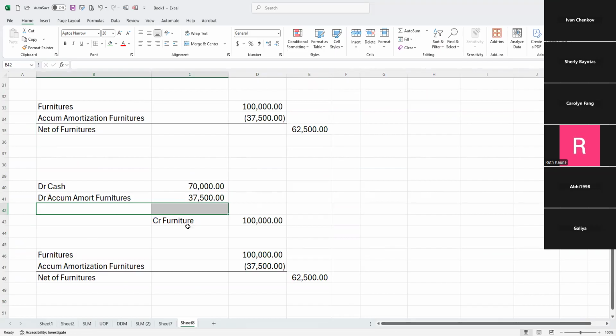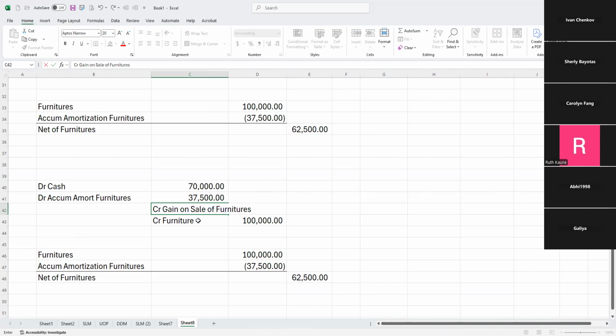But on which side now? On the credit side. What's that gonna be for me? Gain. Credit will be gain on what? Gain on sale of the furnitures. Make sense? Make it logical.